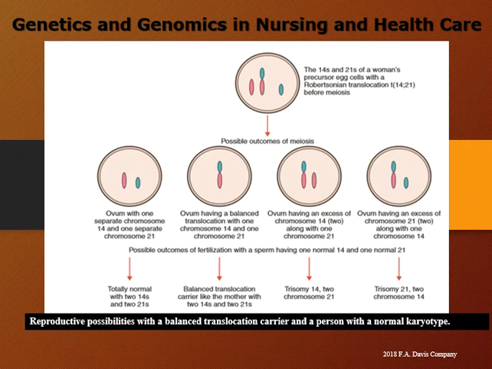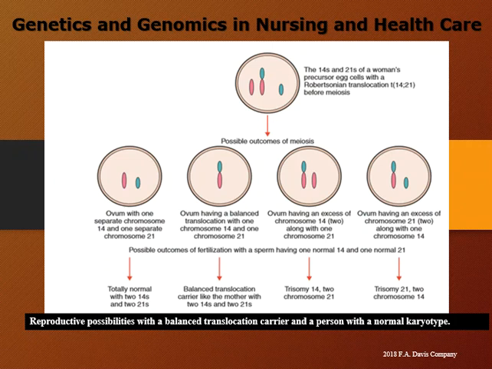The third scenario, after meiosis of this woman with a balanced translocation, she could have an ovum with an excess of chromosome 14. You see the chromosome 14 is in pink. So she has two 14s along with one chromosome 21. Now remember, you get one from your mom, one from your dad.